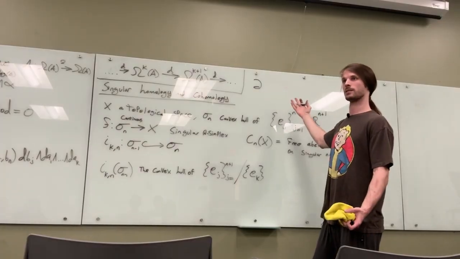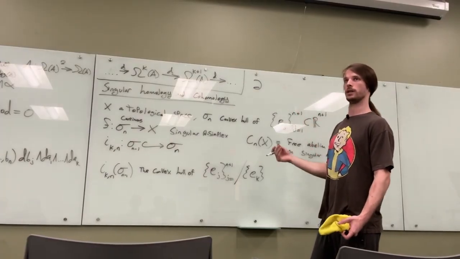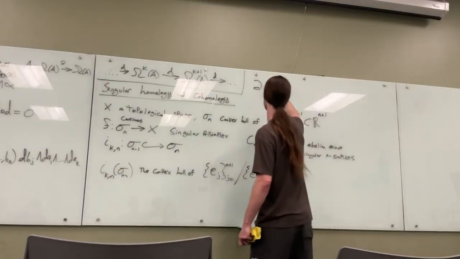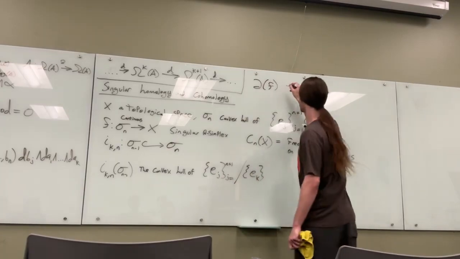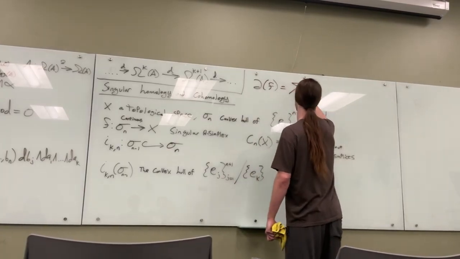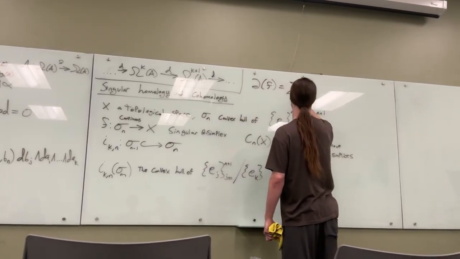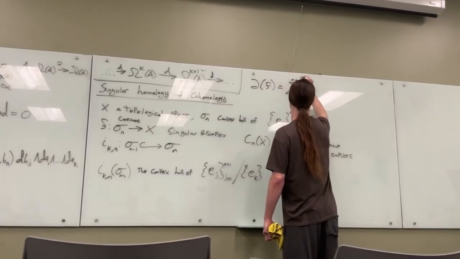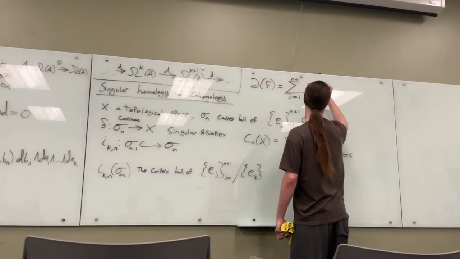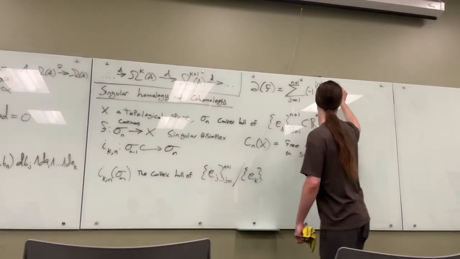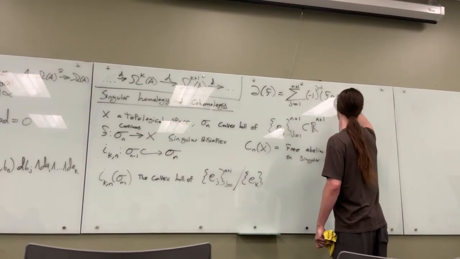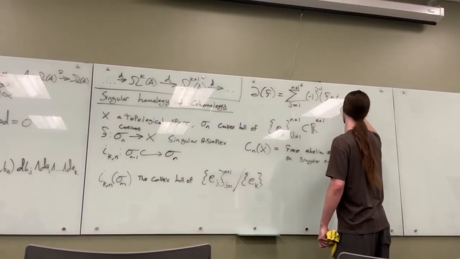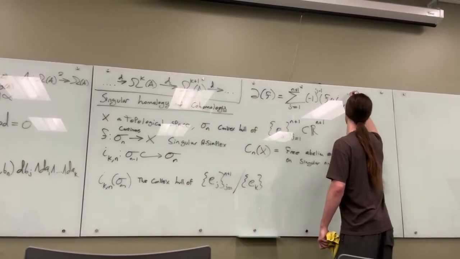You consider it to be additively extended from the original continuous functions. So acting on such a singular simplex, we get that it is equal to the alternating sum, where this is an n simplex.